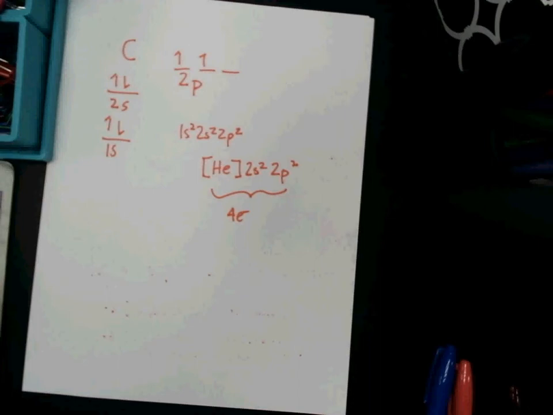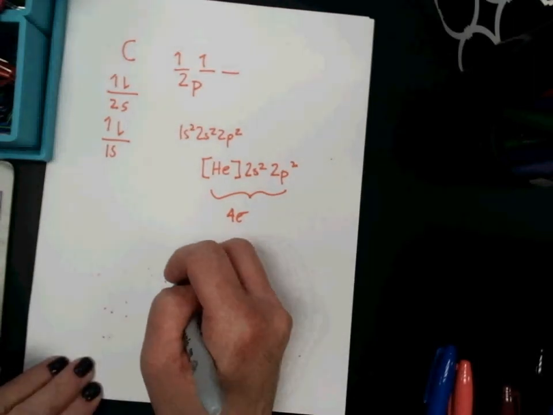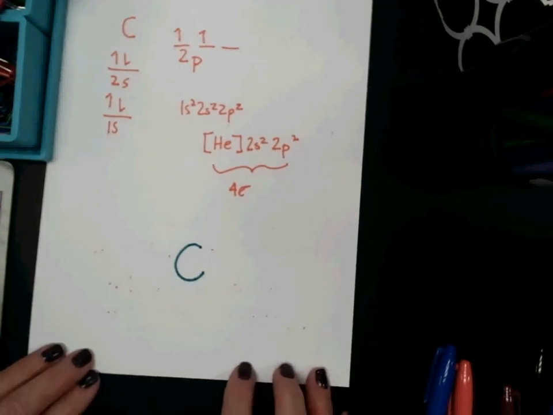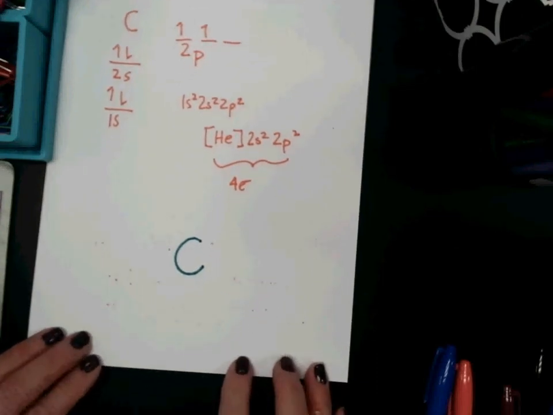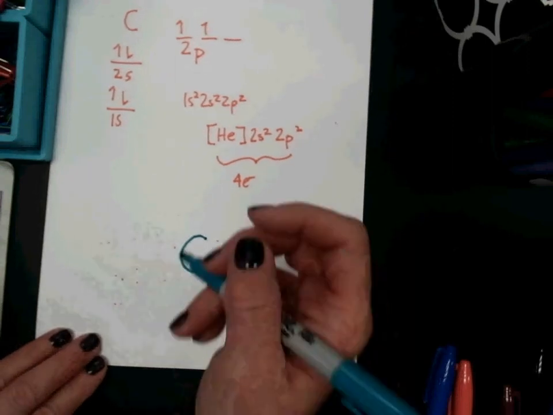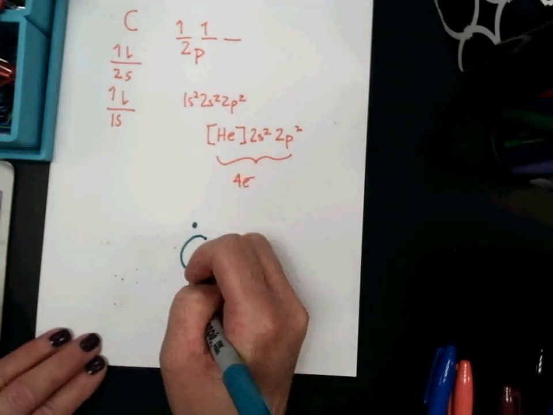When I want to write my Lewis symbol, I'm going to take the chemical symbol of the element, and I place it in the center. I know that I have 4 electrons to place around my carbon, and I do this in a very specific order.